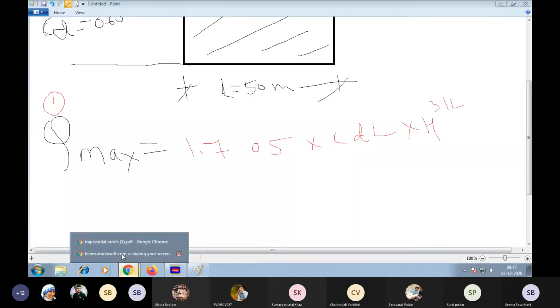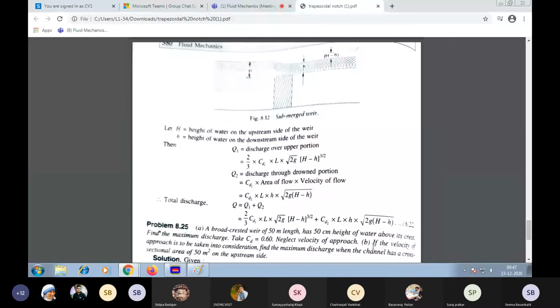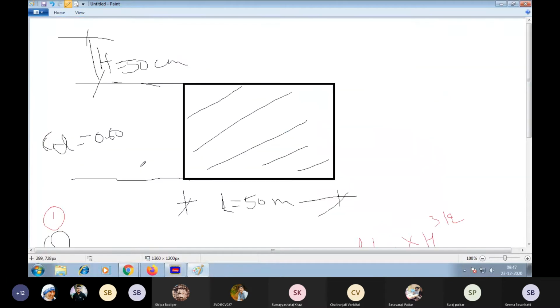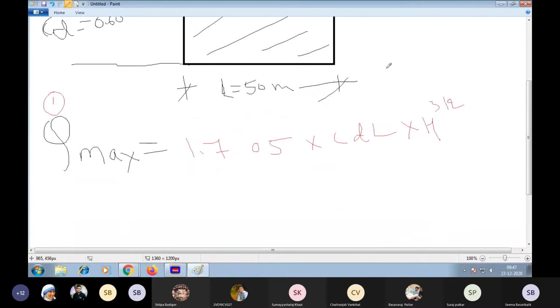So in the first case, they have given: find the maximum discharge if CD is equal to 0.60, neglecting the velocity of approach. In this equation, we have not considered the velocity of approach. H is in centimeters, convert this into meter. Substitute the values of CD, L and H and tell me the maximum discharge without considering the velocity of approach.